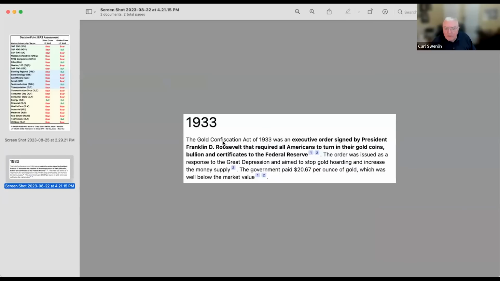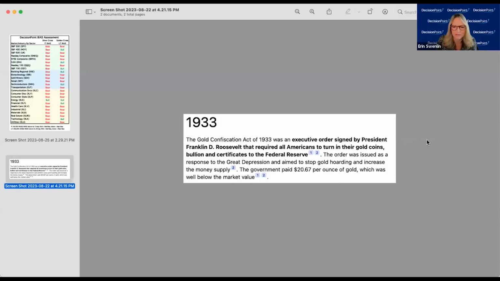The Gold Confiscation Act of 1933 was an executive order by President Roosevelt that required all Americans to turn in their gold coins, bullion, and certificates to the Federal Reserve. The order was issued as a response to the Great Depression and aimed to stop gold hoarding and increase the money supply. The government paid $20.67 per ounce of gold, which was well below market value.